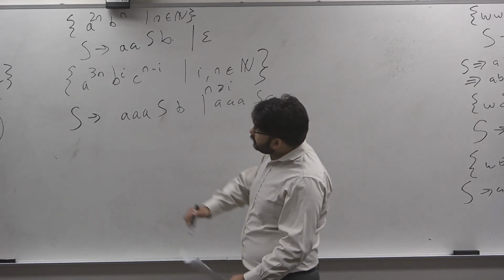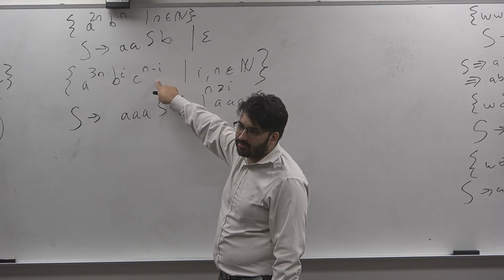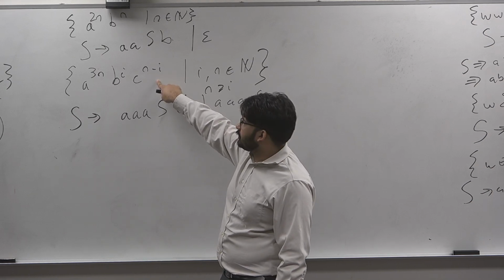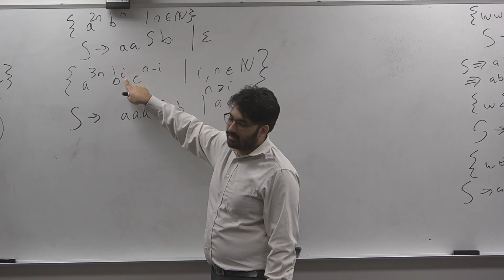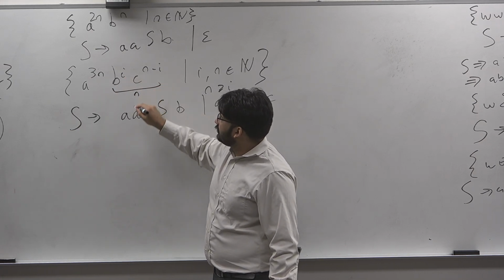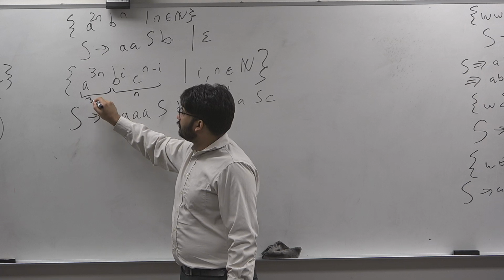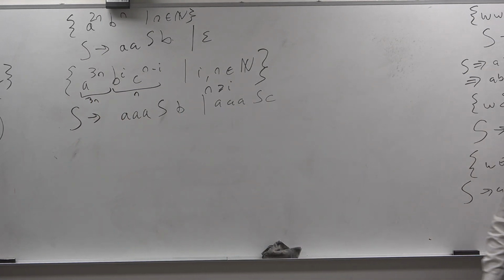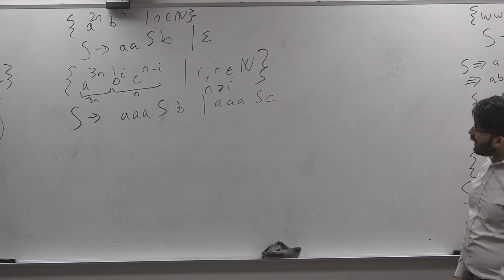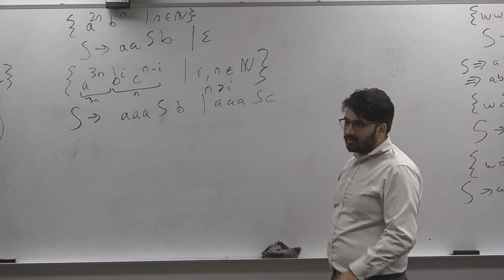So you can't actually subtract i from n here. But notice that n minus i plus i is n. So this is in fact just n, and this is in fact 3n. So every 3 A's add a B or a C, right? There's a problem with this grammar though. That grammar makes it so that C's can come before B's. Exactly. You could do BC, BC or something like this on the other side.